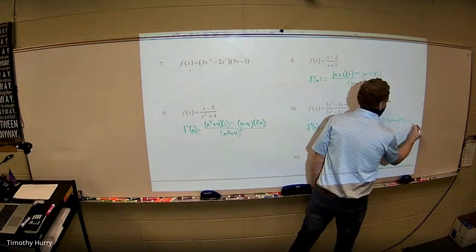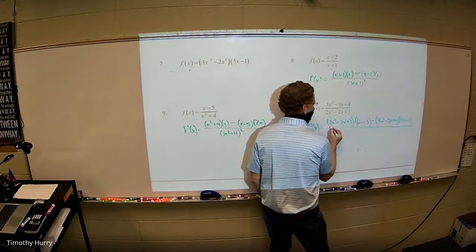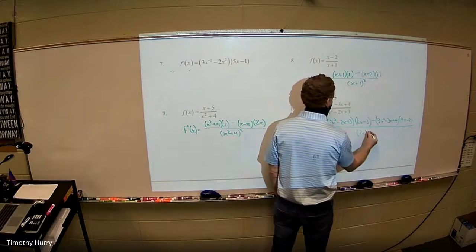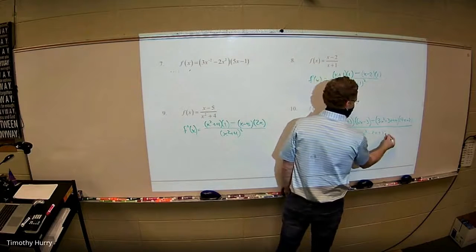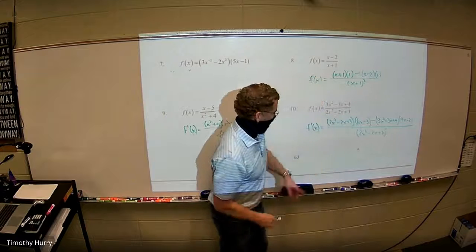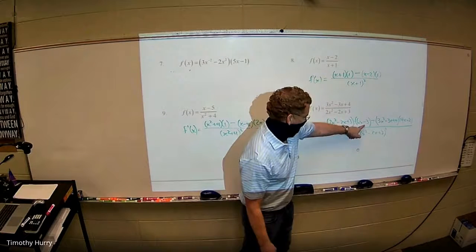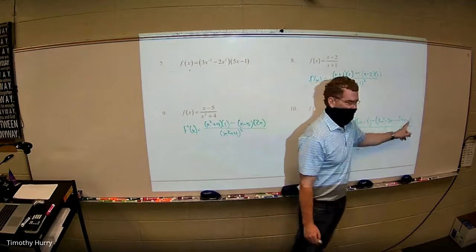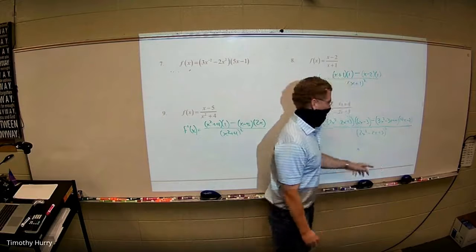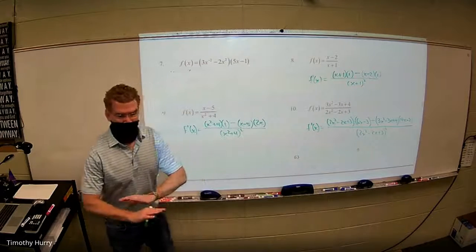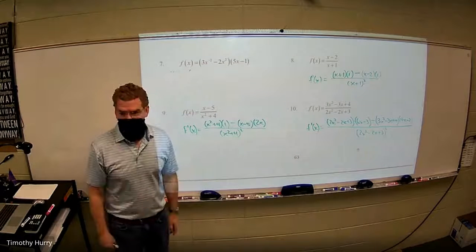All of it over the low squared. And when you look back, low d high minus high d low over low squared. And we are not simplifying any of that.